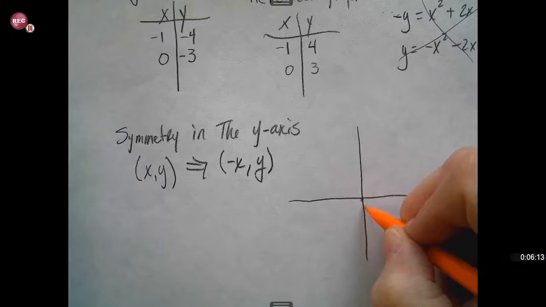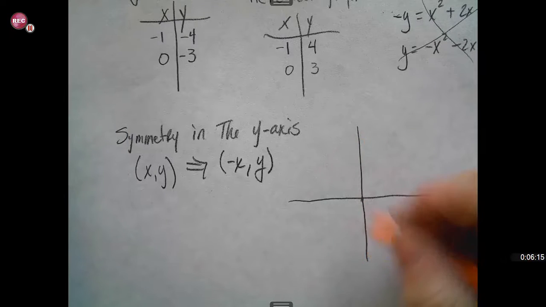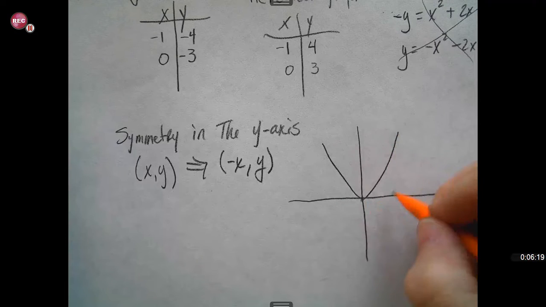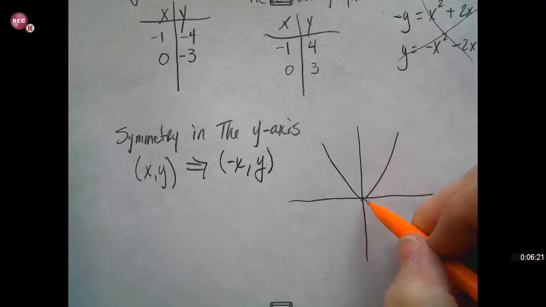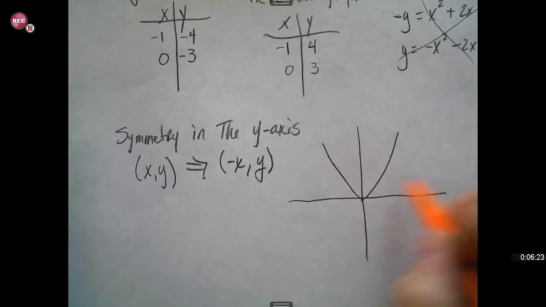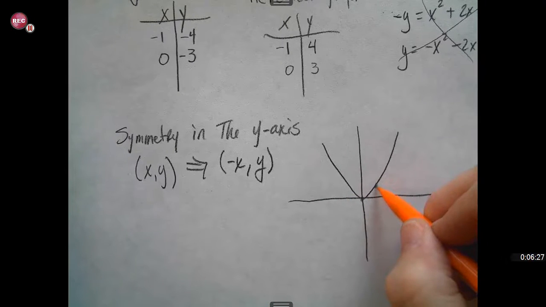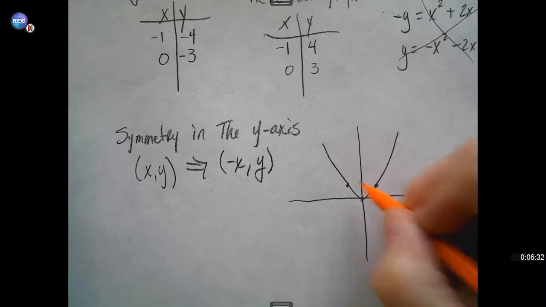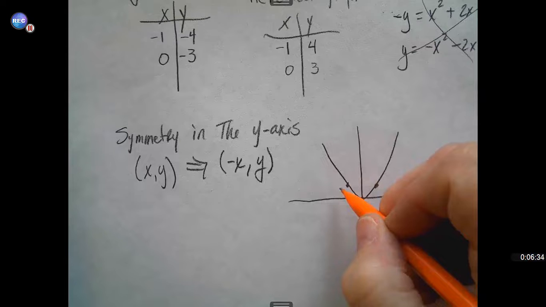So any parabola whose vertex is on the y-axis is going to have symmetry in the y-axis. Okay, so if I spun this thing on the y-axis going this way, then notice that this x coordinate, where it's positive here, will become negative when I spin it over here.